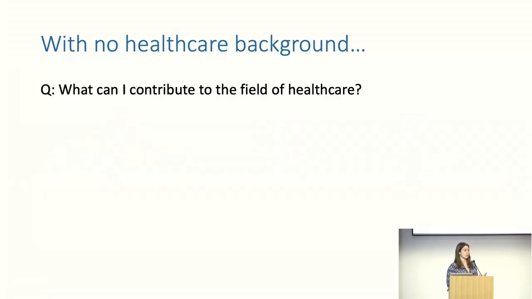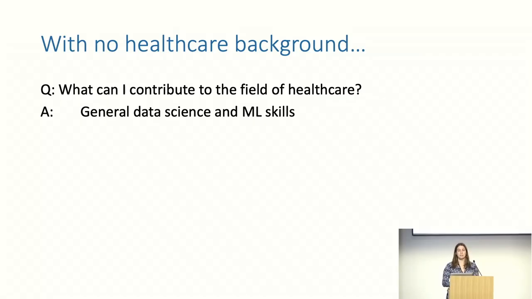My question is, how can I, as a scientist who does lots of stuff with data, think about privacy? How can I contribute in a meaningful way to save lives? And so this is the question I asked myself. The first answer is general data science stuff. There are lots of data problems in the healthcare field, and so I could work on those.